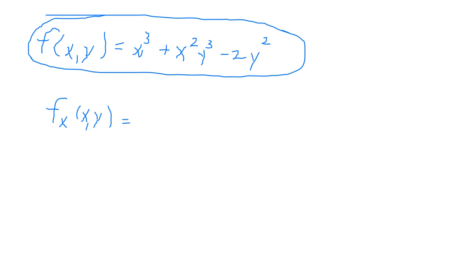So, of course, the derivative of x cubed is 3x squared. And y cubed is treated as a constant, so that just stays there, but the derivative of x squared is 2x.